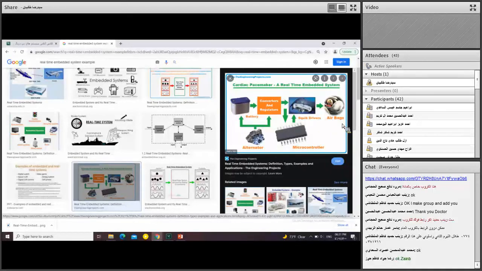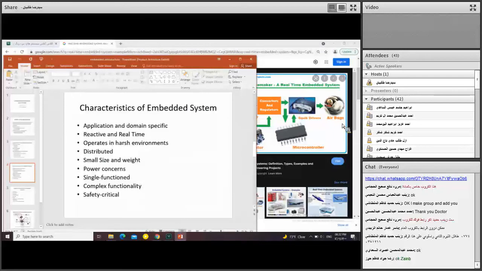Okay, you can see some such systems that work, for example, in aircraft, in biomedical devices like pacemakers, or for safety like airbags, which must work very soon, and we need a real-time system. Another thing, this item operates in harsh environments. It is very, very important.